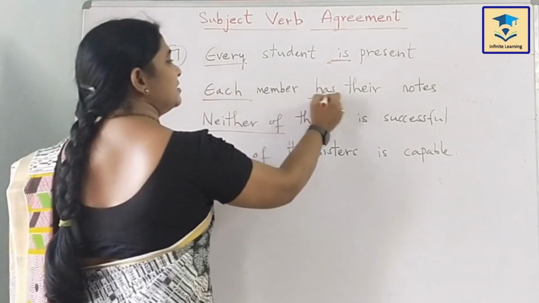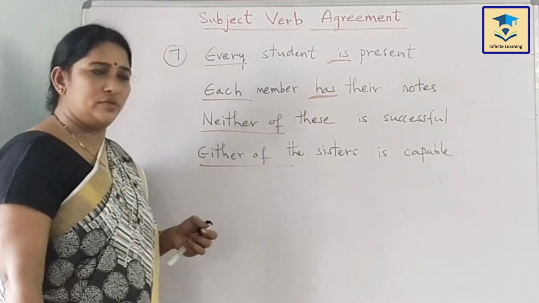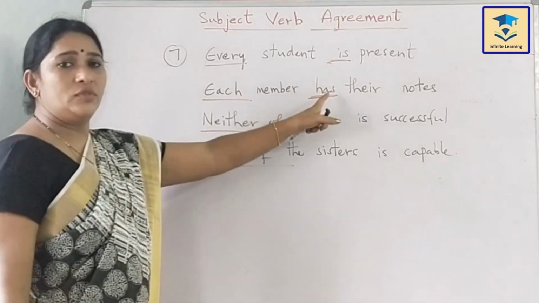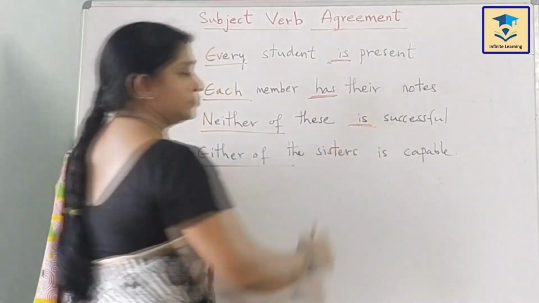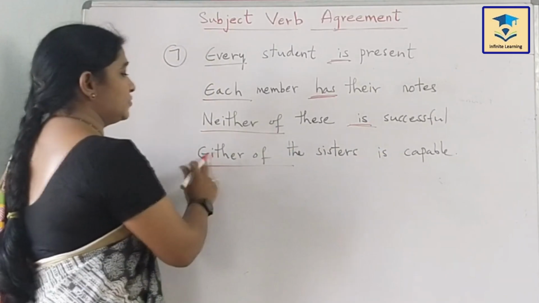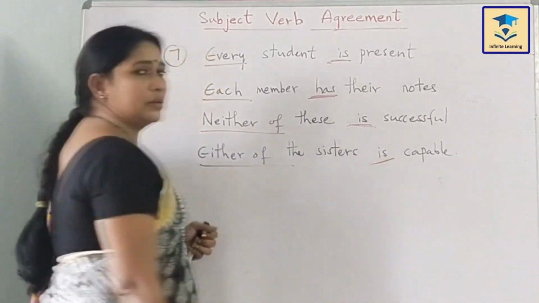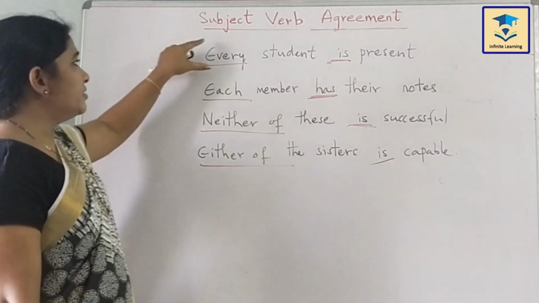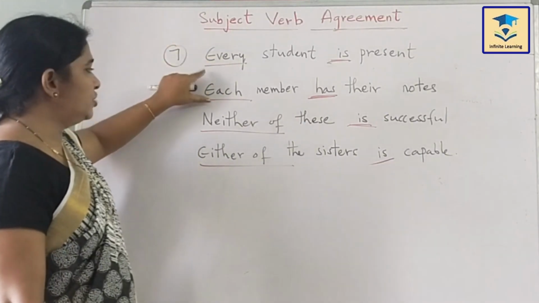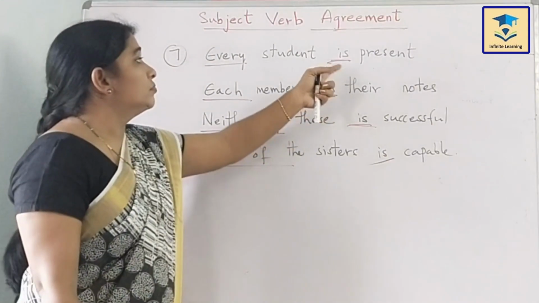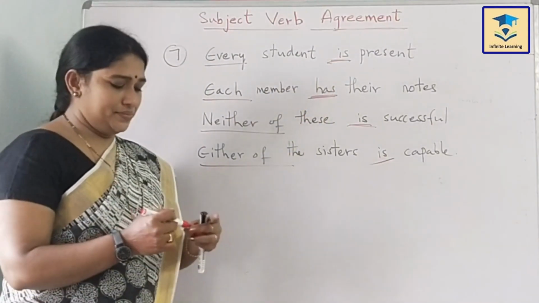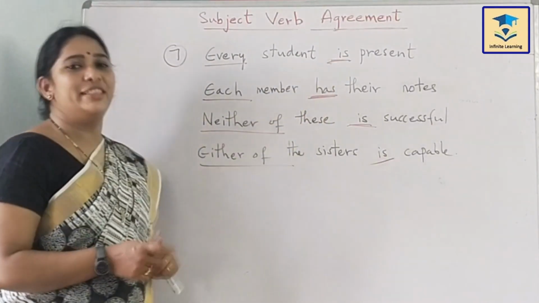Each member has their notes. Has, not have. Neither of these is successful. Either of the sisters is capable. When a sentence is started with every, each, neither of, either of, then the verb is singular. This is the seventh rule.